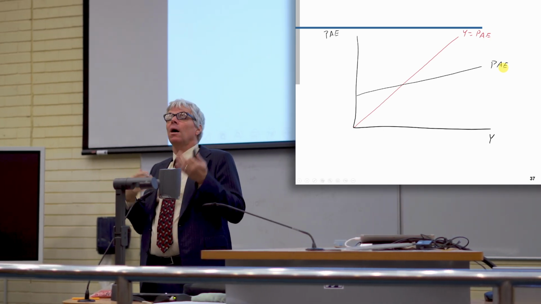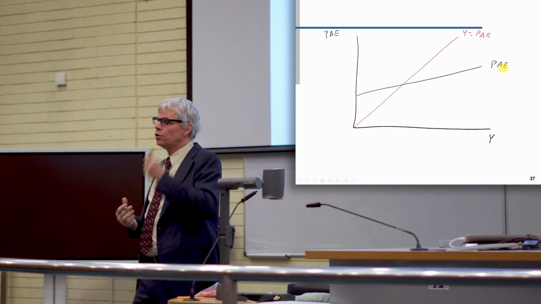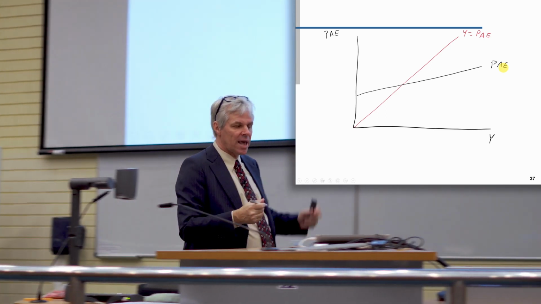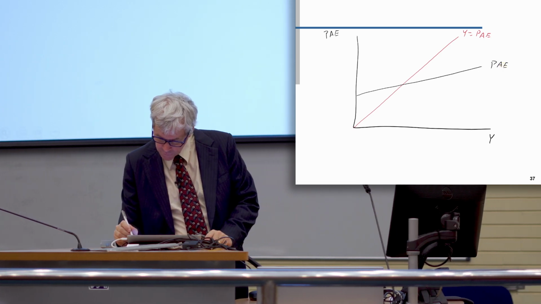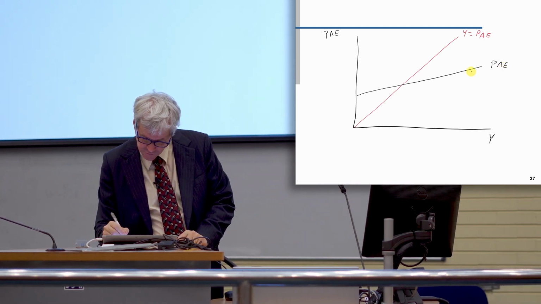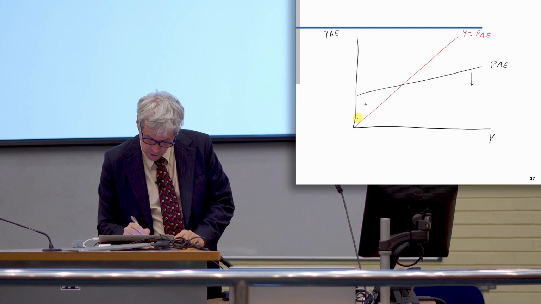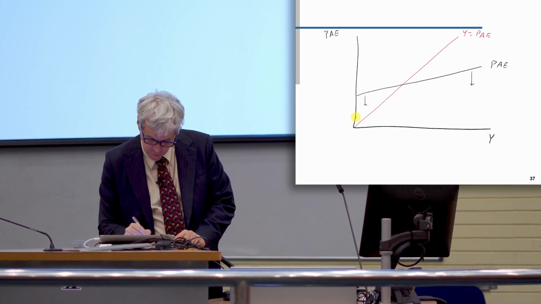Now, we've said that they become pessimistic about the future so that at any level of income, they spend less than before. So what's going to happen is this curve is going to shift downward. And it's going to shift downward in a parallel way. So I'm going to make it a really big shift here.